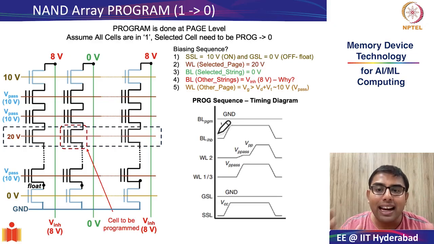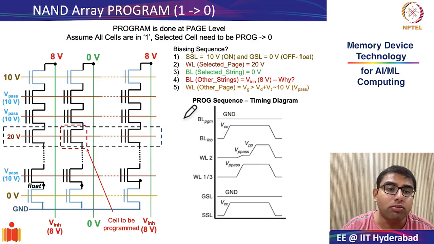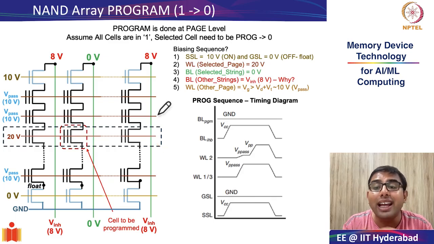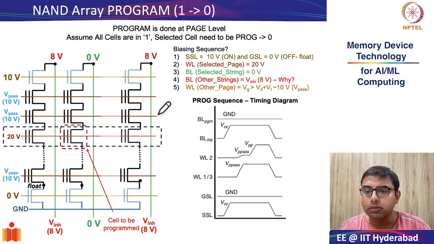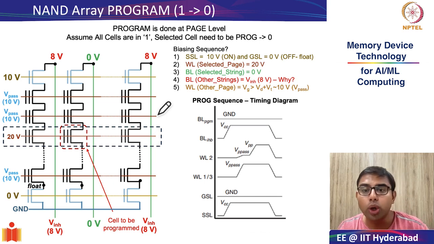At the array level, we saw how program operation is facilitated at the page level. This was the page we were essentially trying to program. Since there are no direct connections to the cell of our interest, the serial architecture in NAND flash does not have direct connections to our cell of interest.